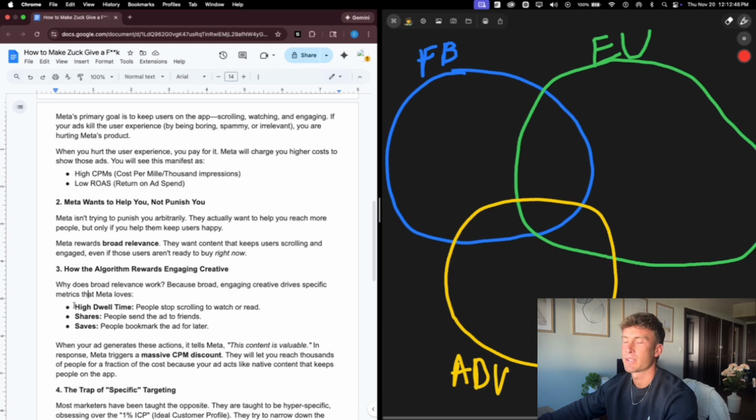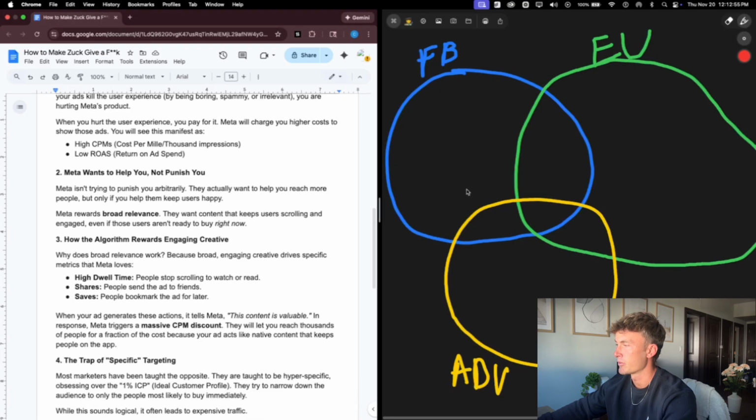Just for the sake of keeping things as easy to understand as possible, this is the golden zone right here, okay? When you make Facebook happy, you make the end user happy, and you're happy with your return on ad spend. So what happens is, usually with the direct response aspect, when people try the traditional aggressive DR scare bait and stuff like that, which works, obviously, yes, it does psychologically work on the end user and it works for you, that would put you in this category here, right?